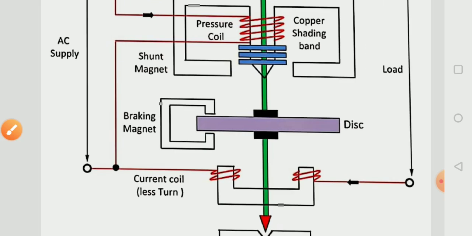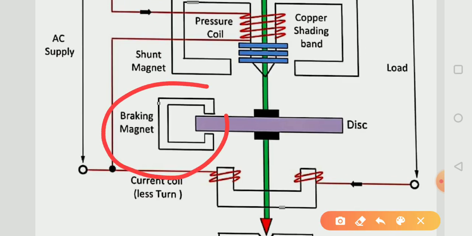Here we can also see a brake magnet. It applies a force which is opposite to the rotation of the aluminium disc. It produces a force opposite to the momentum of the disc, because when no power is applied to the circuit, the disc should not be rotating.